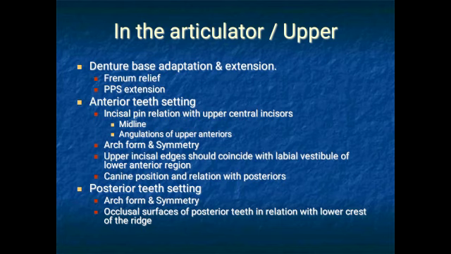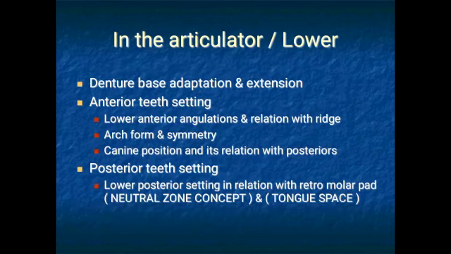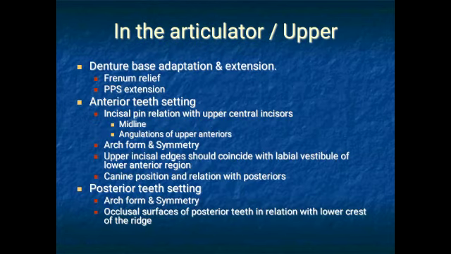In articulator, first we have to place upper denture. We have to check the denture adaptation and extensions: borders of the complete maxillary frenum area and vestibules and posterior palatal seal area. Anterior teeth setting, evaluate incisal pin relation with upper central incisors, midline and angulation of upper teeth, arch form and symmetry.